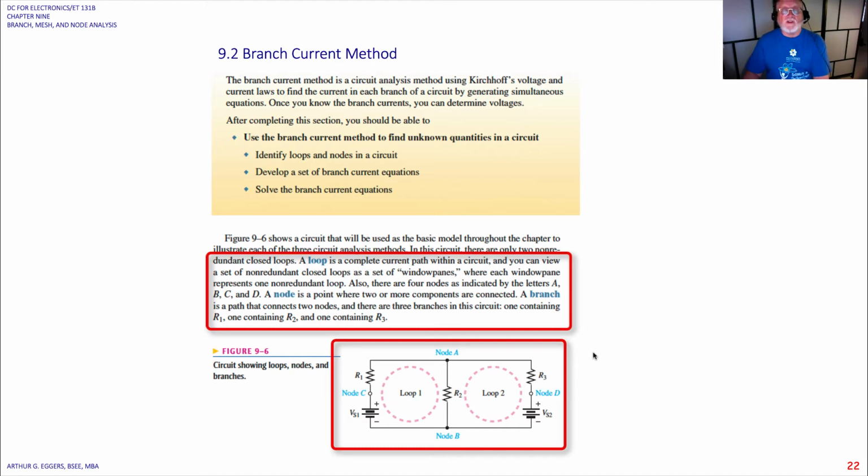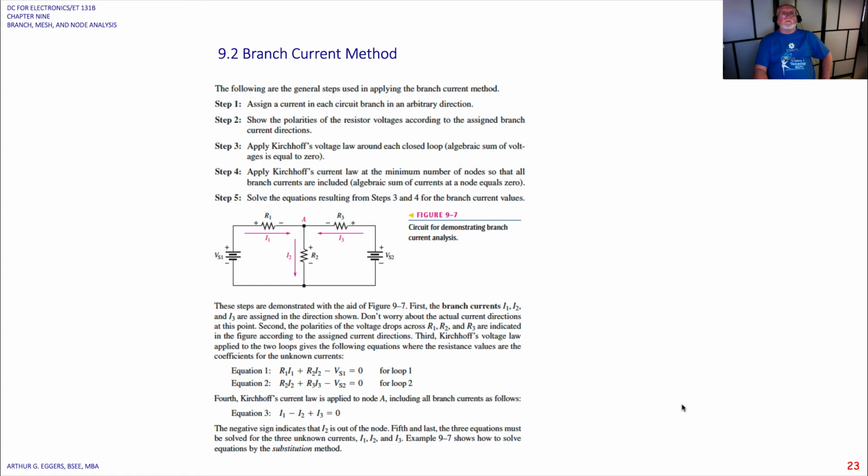All the current into the node, add up, all the current out of a node, subtract. So a node is a point where 2 or more components are connected. A branch, finally, is a path that connects 2 nodes, and there are 3 branches in this circuit. One containing R1, one containing R2, and one containing R3, as well as the 2 voltage sources.